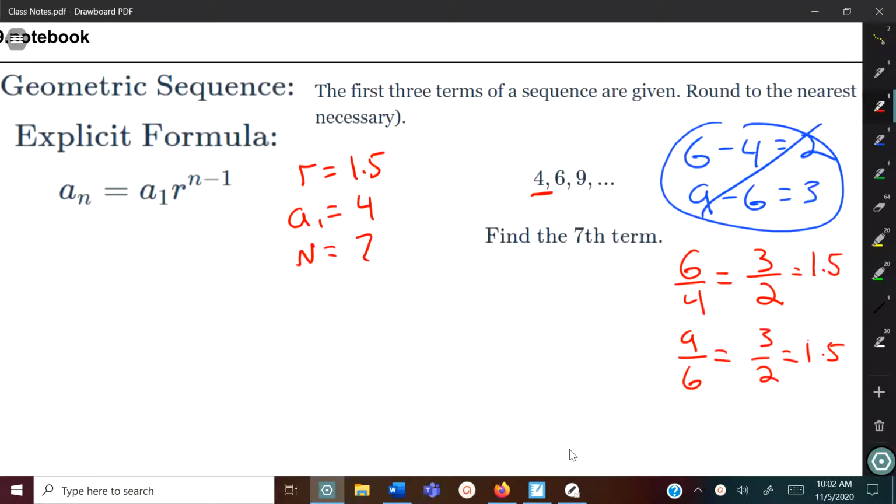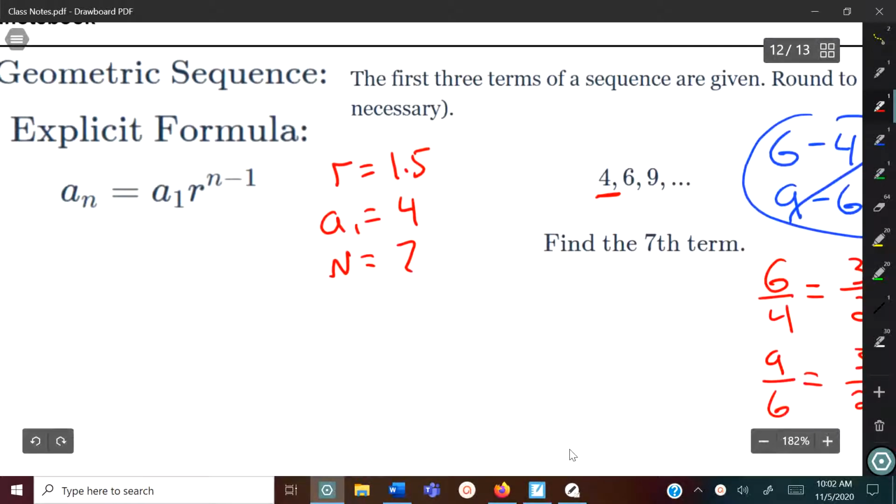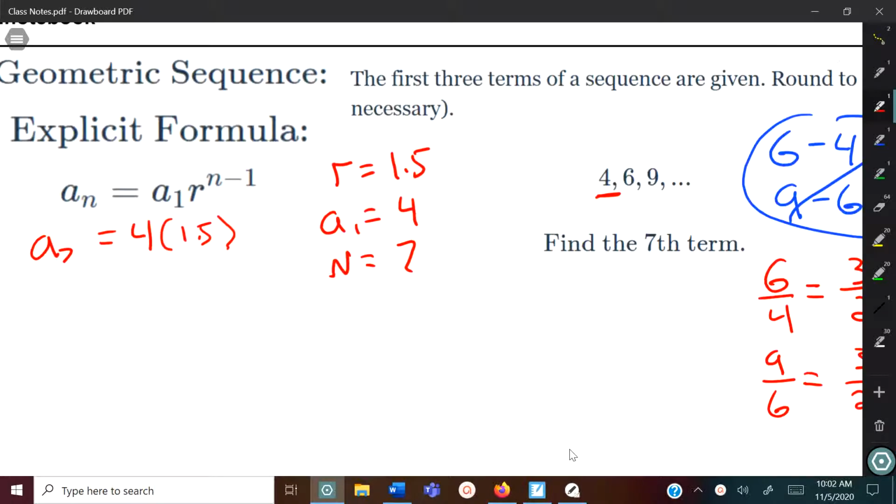You could write it all the way out, but I'm just going to plug in everything and skip the step that I did in the previous video. We're just going to say a sub n, and n is 7. A sub 1 is 4. Just like the common difference, we want to put r in parentheses, 1.5, and then raise it to the 7 minus 1.